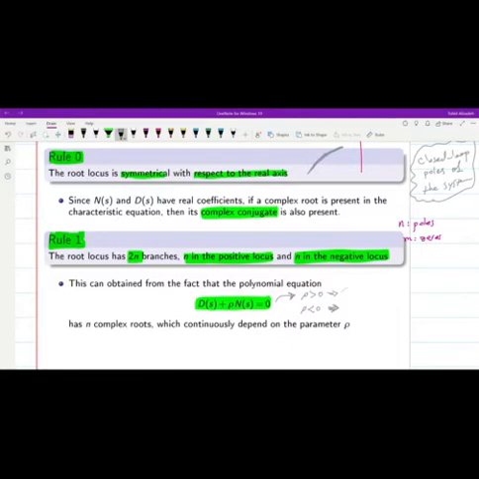So in each case there will be n roots, which will vary based on the value of rho, and that means that we will have n branches for each case. So n branches for the positive locus and n branches for the negative locus.